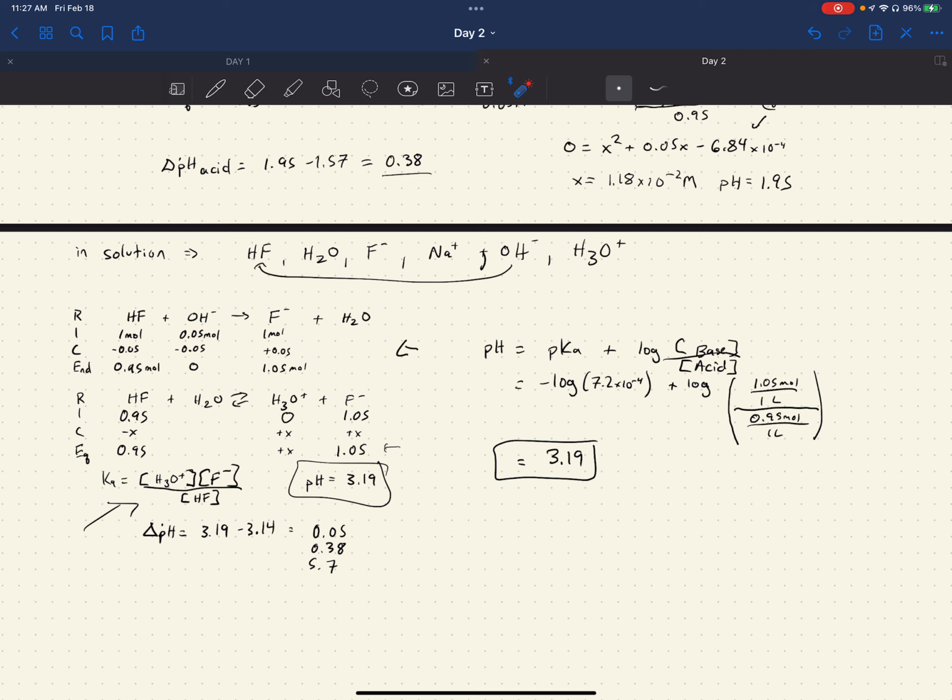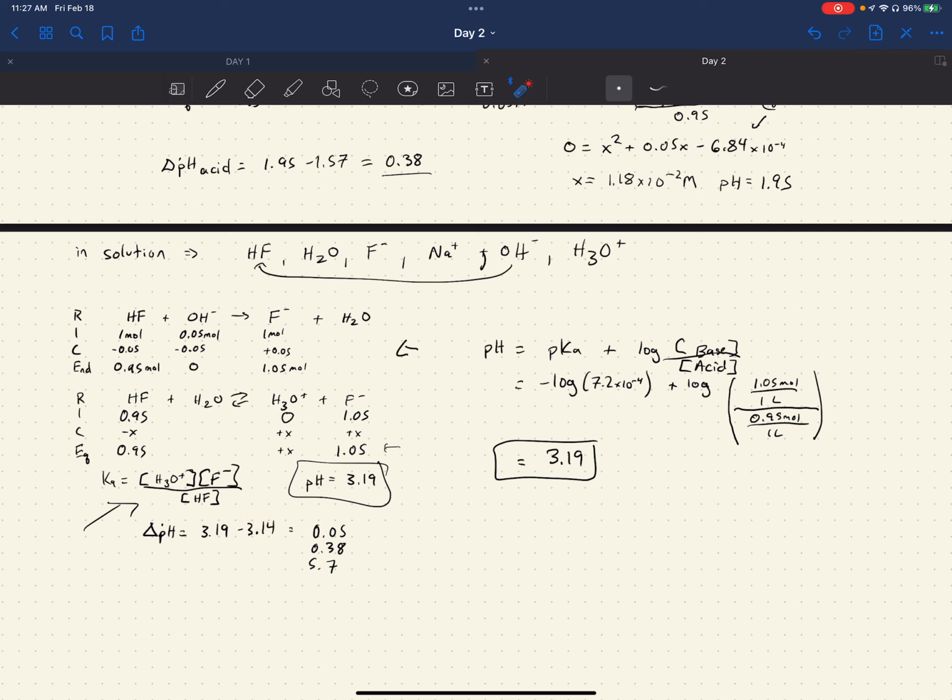Whereas I can take this line here, plug it into Henderson-Hasselbalch, and get a pH, and that is really much faster than doing another ICE table and a bunch of stuff after that.